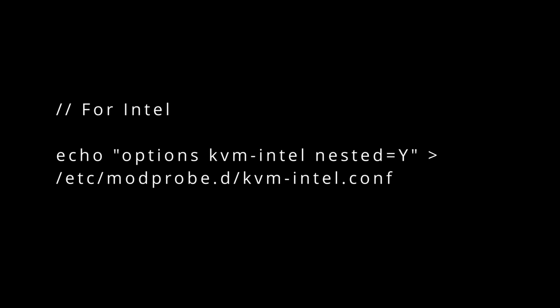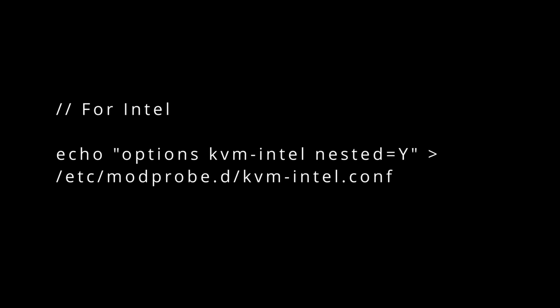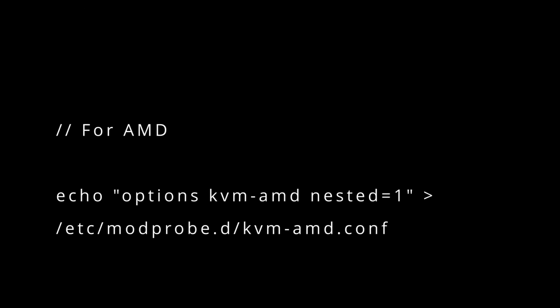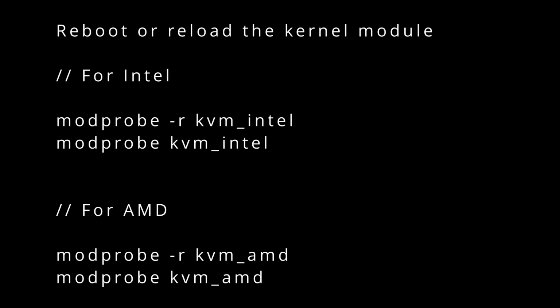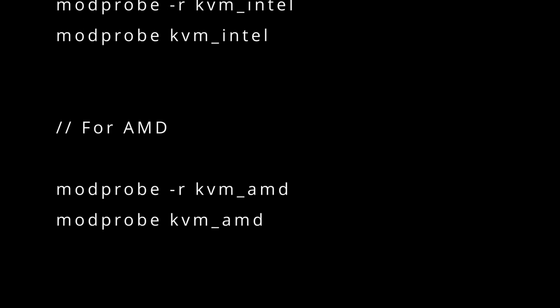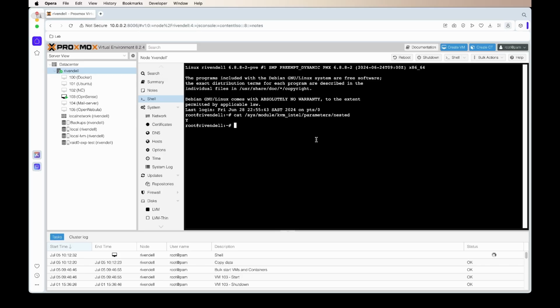So for Intel, you can do this, and then for AMD you do this. Once it is completed, you fill in the following to restart the kernel module, and then you can check again to see if it's enabled. It is recommended to reboot the entire Proxmox instance, but that is up to you.